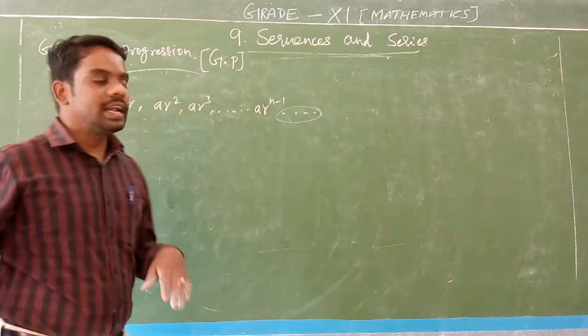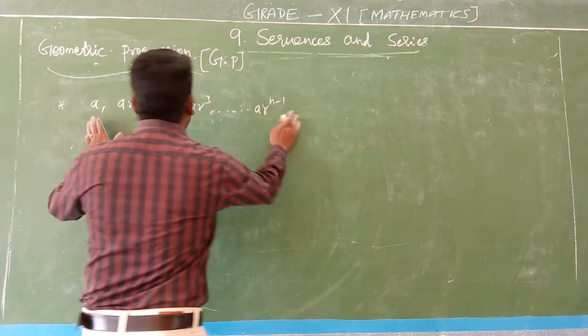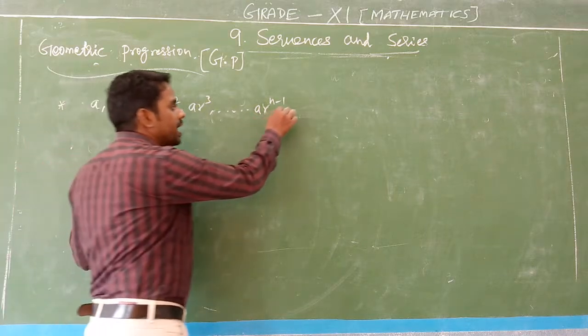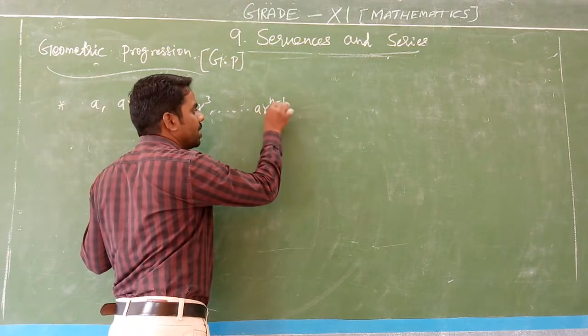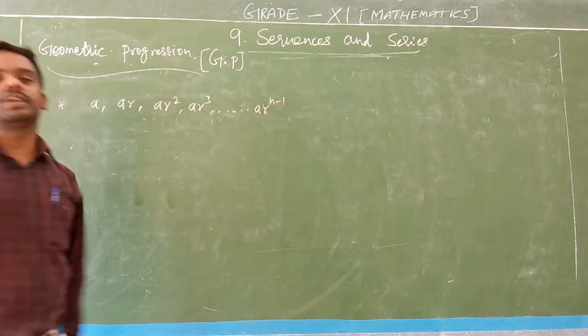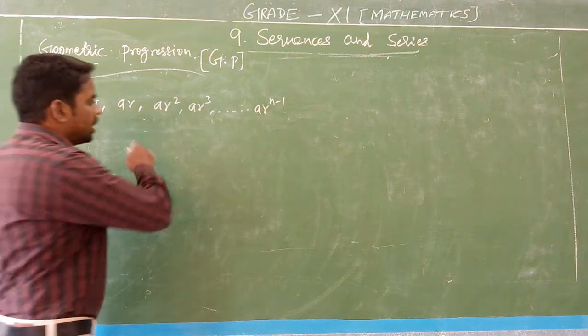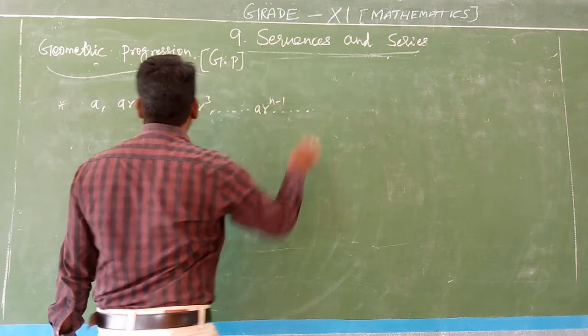Next, a, ar, ar squared and so on, up to the last term ar power n minus 1. This is a finite geometric sequence, or finite geometric progression. Let us say infinite geometric sequence.